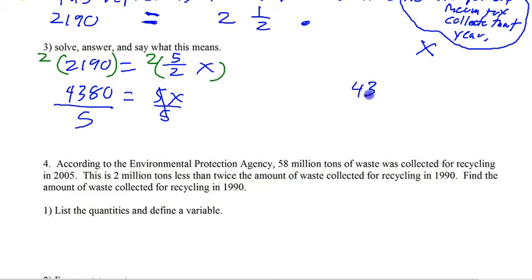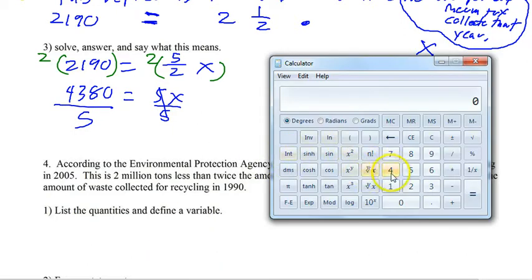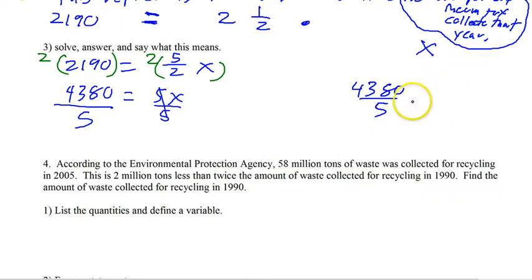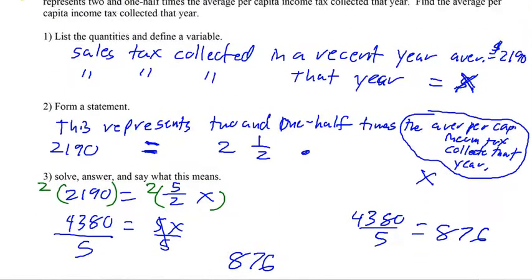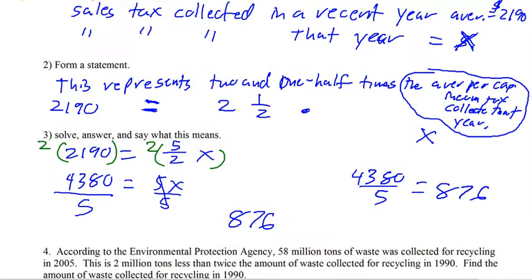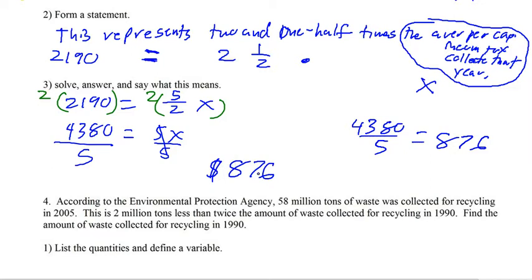So 43.80 divided by 5 is, let's just pull out the calculator on this one, 43.80 divided by 5, 8.76. So 8.76, and let's go back up and see what it means. It's the income tax collected that year. So there was $8.76 collected that year. And that's it.